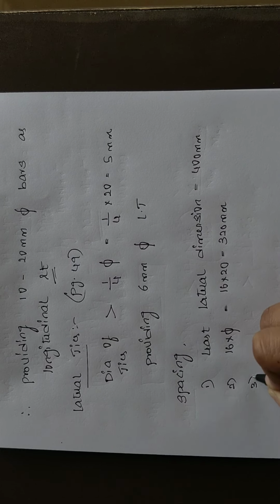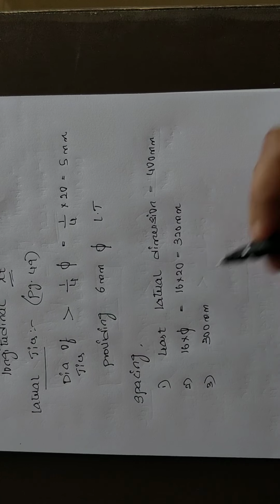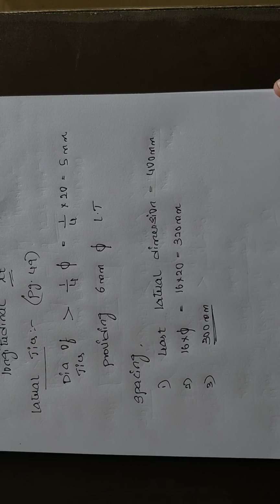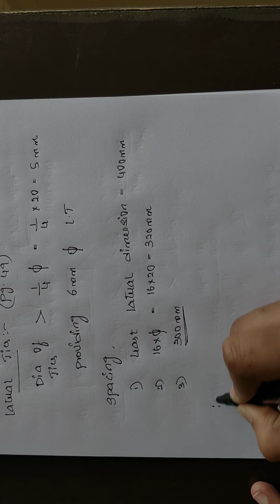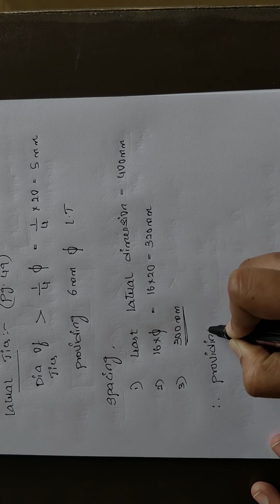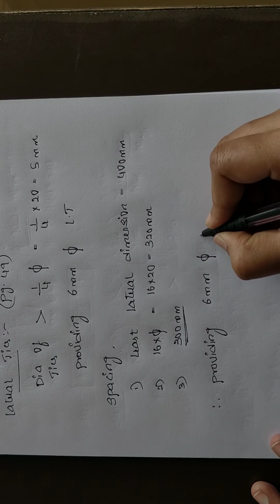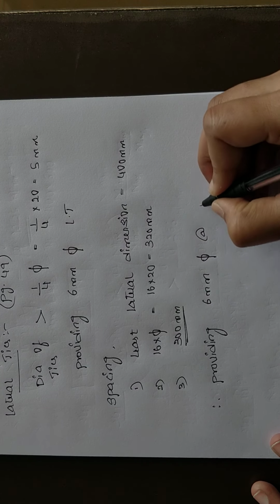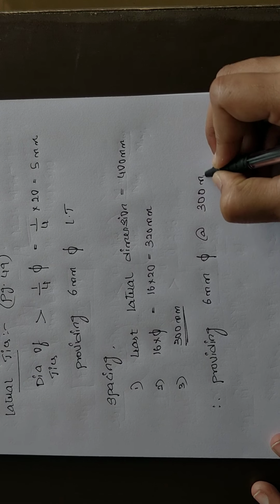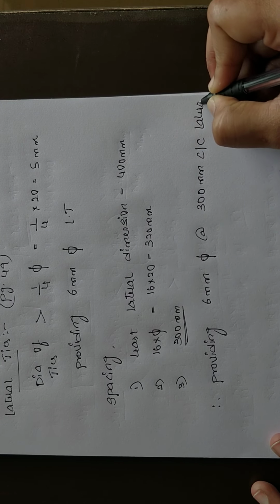And the third one is 300 mm. The spacing should be the least of these values. The least value is 300 mm. Therefore, providing 6 mm dia lateral ties at 300 mm center to center.